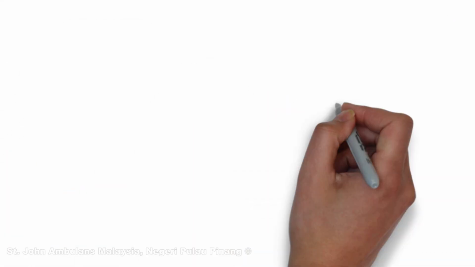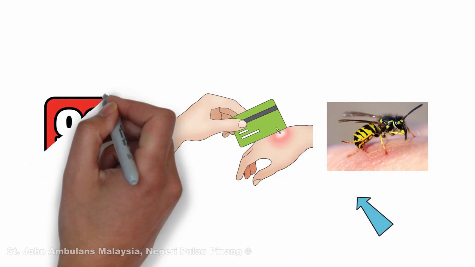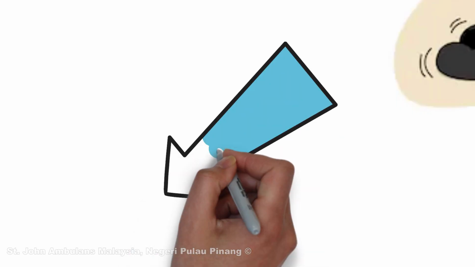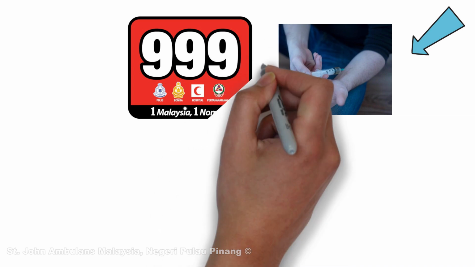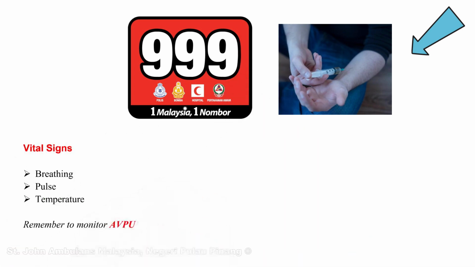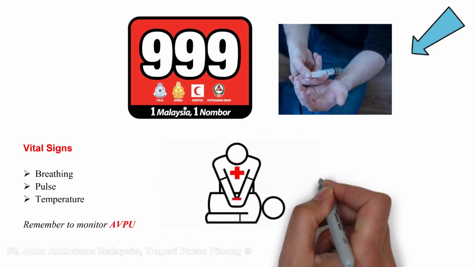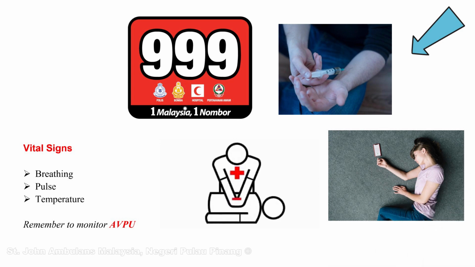For a sting or venom, you need to remove the sting and call emergency help. For injected drugs, call 999 for emergency help and monitor the casualty. Start CPR immediately if the casualty becomes unresponsive and is not breathing.